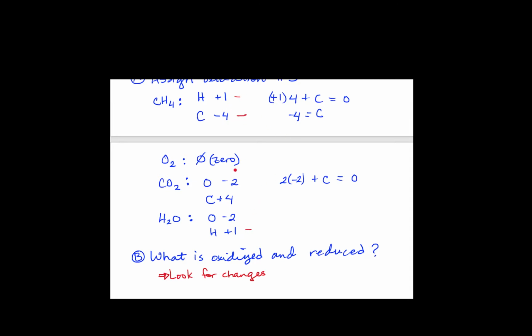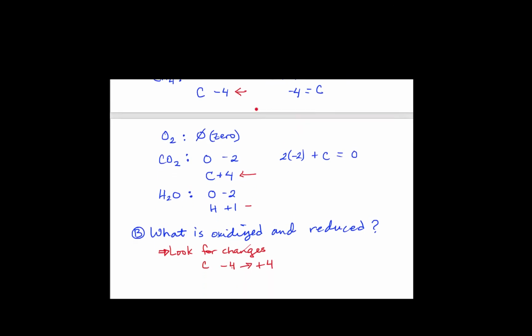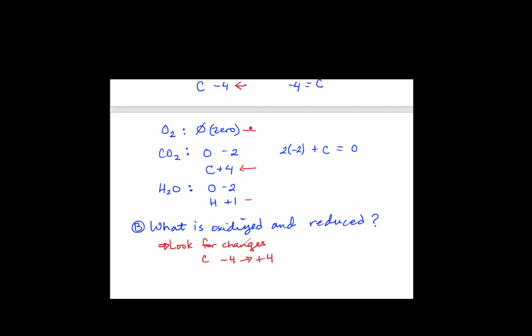Here I have a carbon that's a -4, and now I have a carbon that's a +4. So carbon did change. Carbon went from a -4 to a +4. What else? Something else has to change. When I look at the oxygen, oxygen starts as a 0 here, and then it goes to a -2. So that's my other change. We went from a 0 and then it went to a -2.